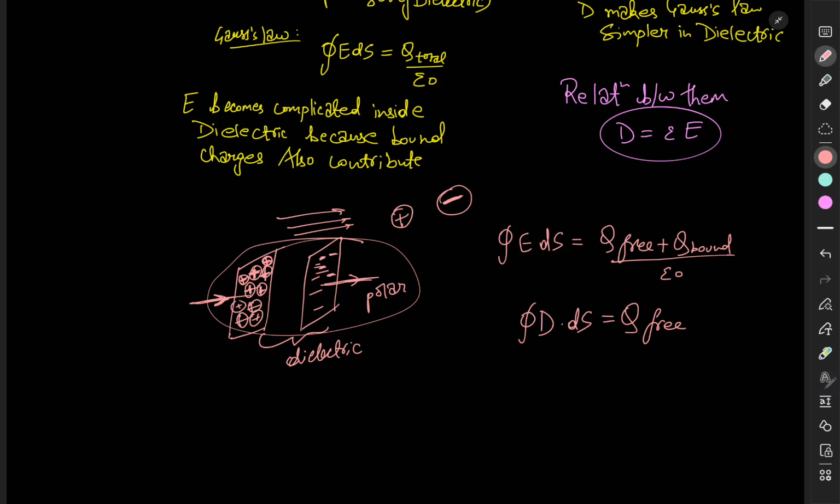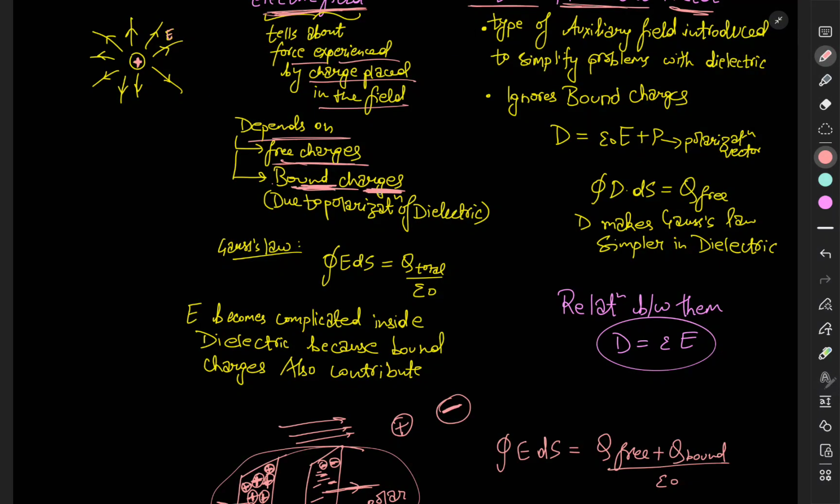Because of these bound charges, one side of the plate becomes positive whereas the other becomes negative. Hence, the bound charges are created due to the polarization of the dielectric. Polarization means that one side becomes positively charged and the other side becomes negatively charged. And these are the bound charges in this dielectric.